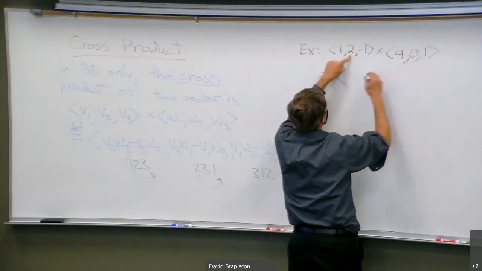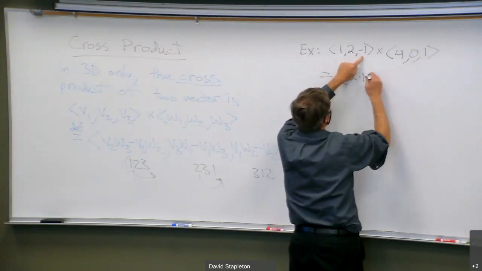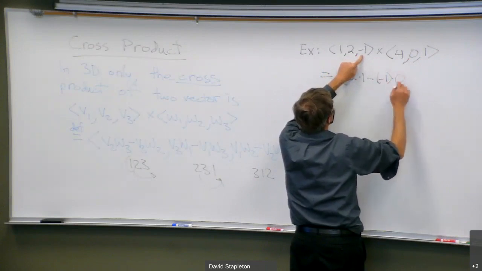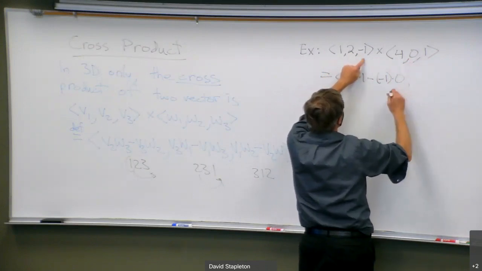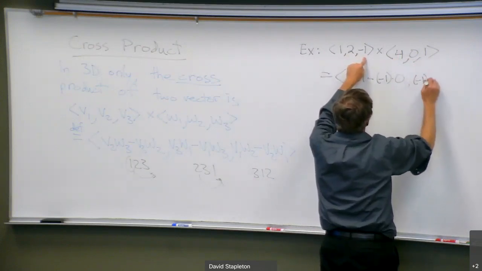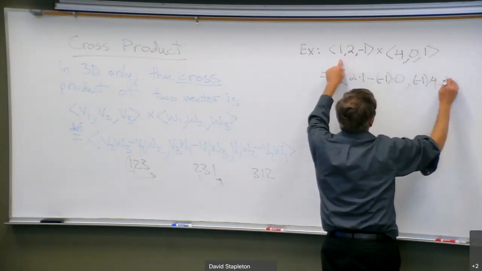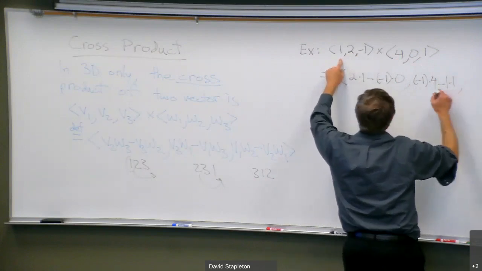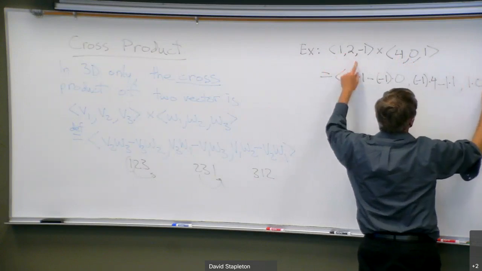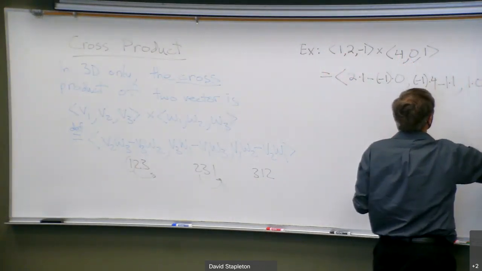So I take 2 times 1 minus (-1) times 0. For the second component, I take 3, 1 minus 1, 3. So minus 1 times 4 minus 1 times 1. And for the third component, I take 1, 2: 1 times 0 minus 2 times 4. That's it. It's pretty easy.